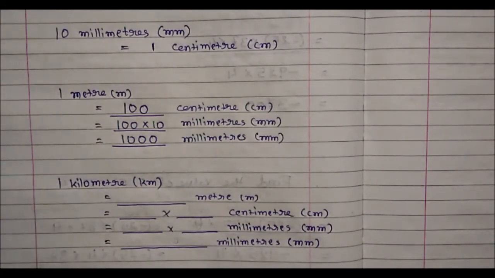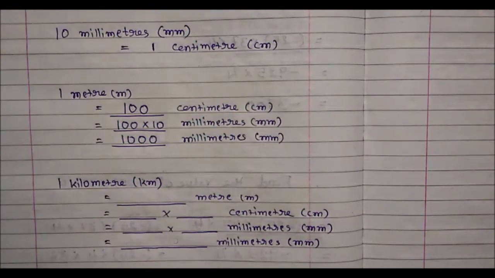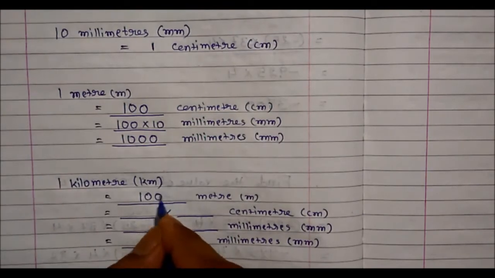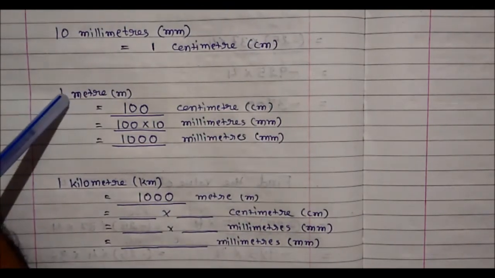So kilometer is the unit used for longer distances, whereas millimeter is used for very short distances. So 1 kilometer is equal to 1000 meters.